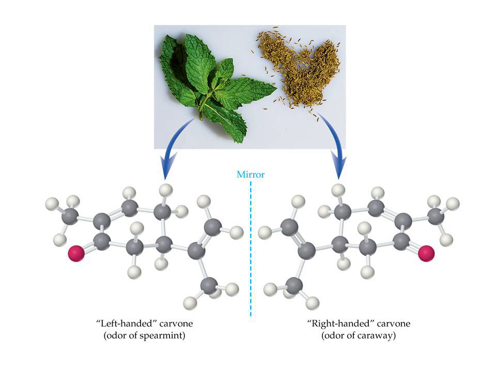But the right-handed one is caraway odor, which is completely different from the spearmint odor. So it's clear that receptors in the nose can distinguish between these two molecules and give completely different responses to these two chemicals.